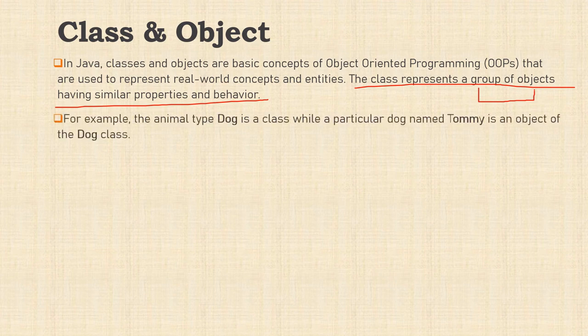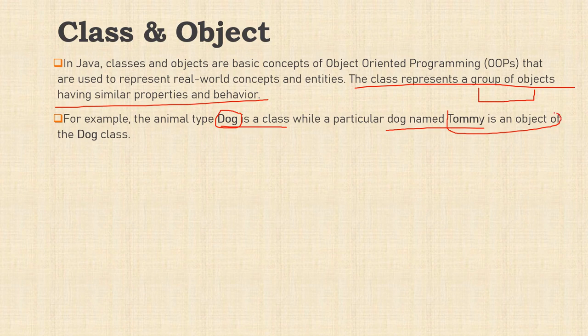For example, the animal type dog is a class, while a particular dog named Tommy is an object of the dog class. So here dog will be the class name, and Tommy will be an object of that class. We can create multiple instances of a class.